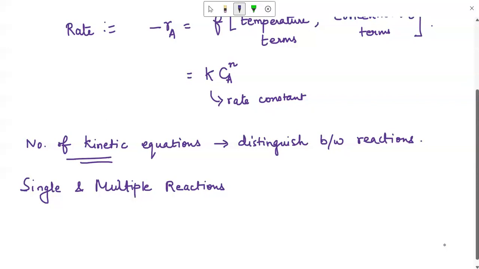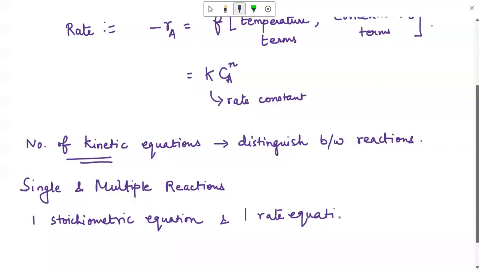Simply speaking, if you have a single stoichiometric equation and one rate equation that describes the entire kinetics, then that would be called a single reaction.